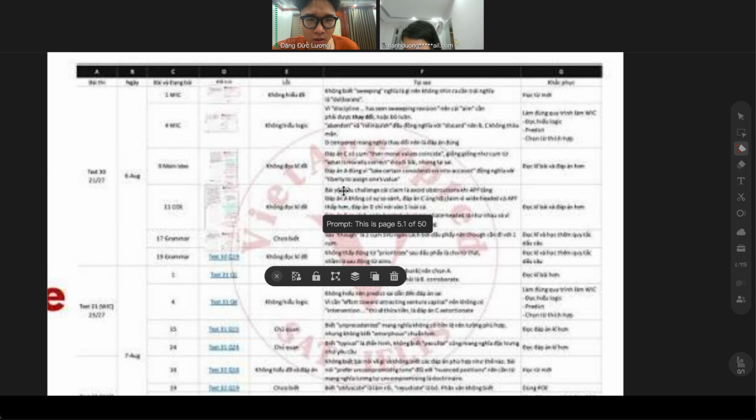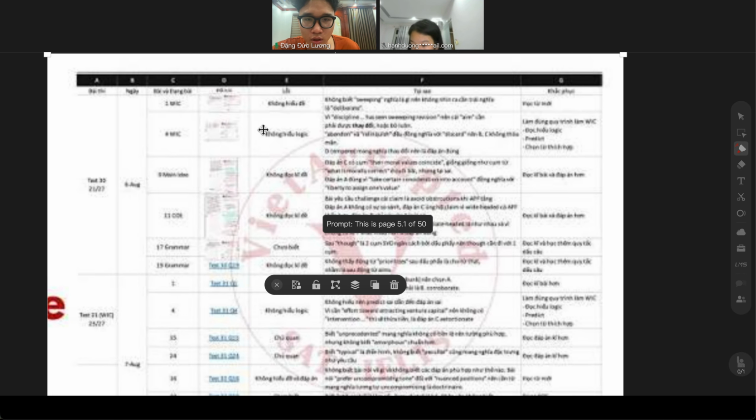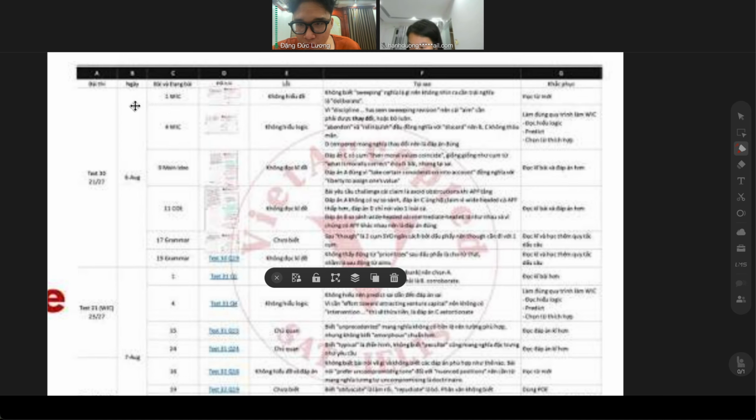You can just go and search for an error log sample on the internet, okay? But here, if you can see, they make a table, and every time you get one question wrong, you put it in the error log.